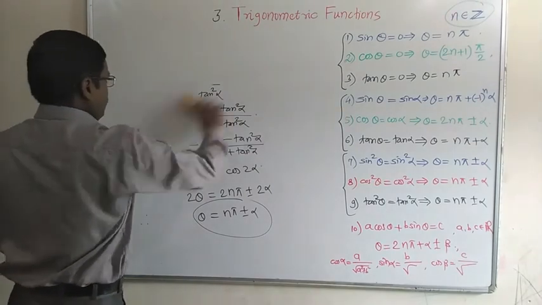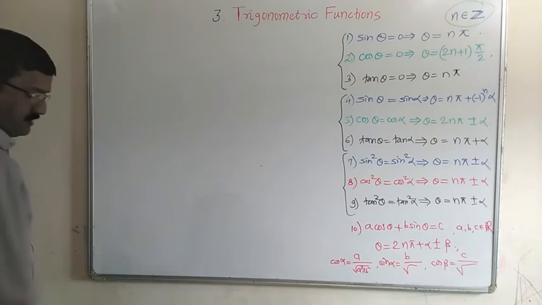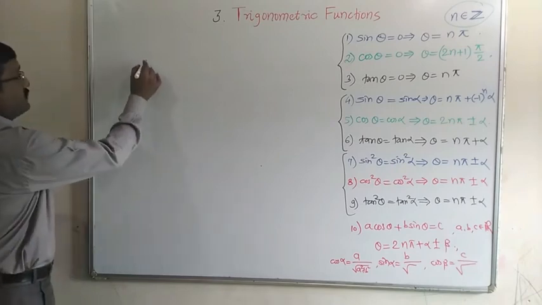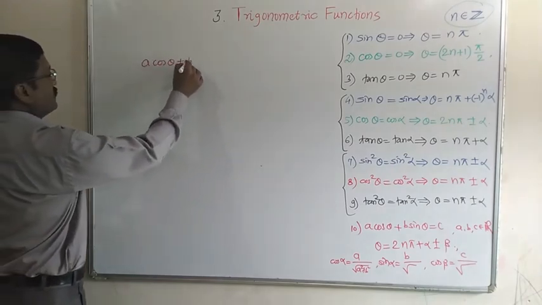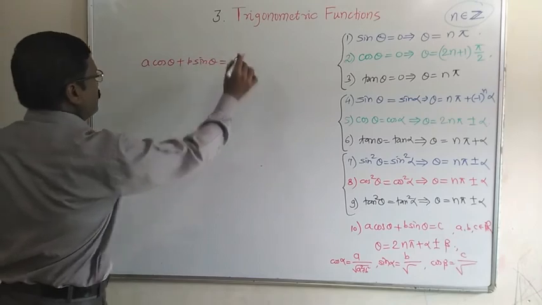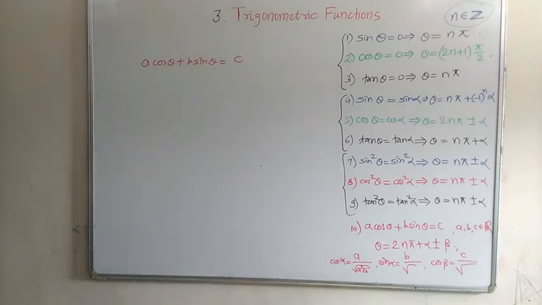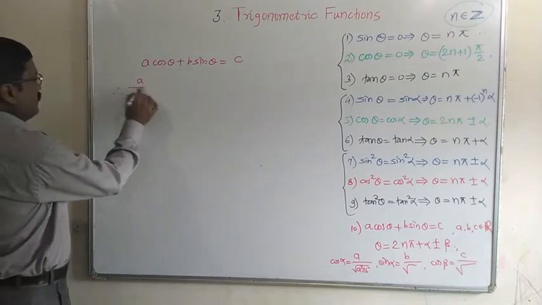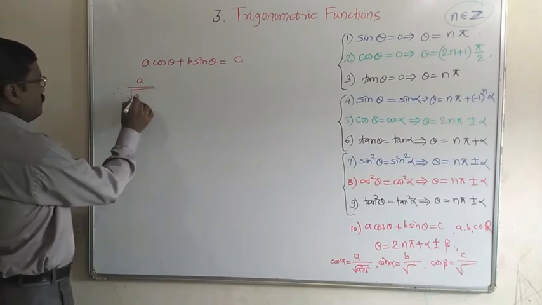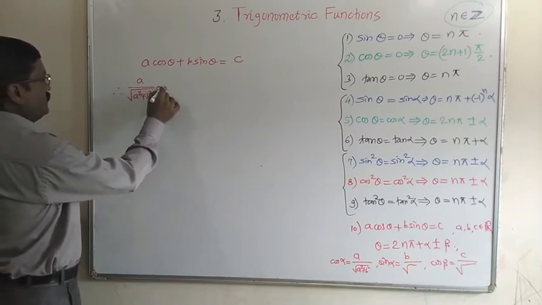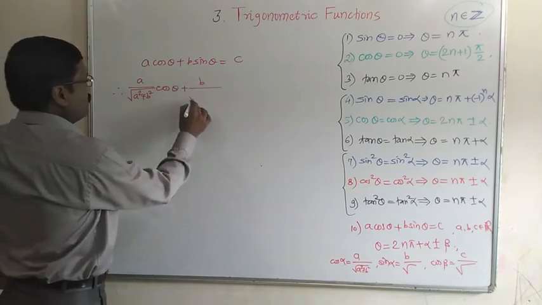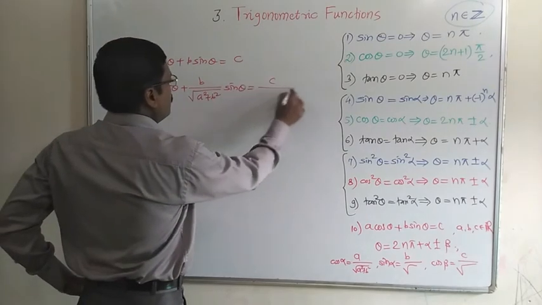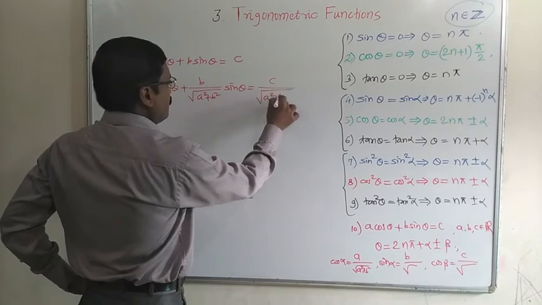Let us try to prove that last one. Here the equation is a cos theta plus b sin theta is equal to c. Then if we divide each term by root a square plus b square, we get a upon root a square plus b square into cos theta plus b upon root a square plus b square into sin theta equal to c upon root a square plus b square.